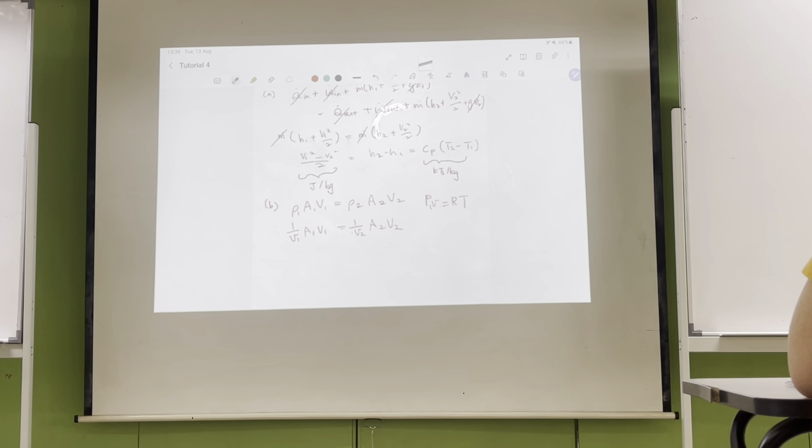So what you want is P2, so you move everything around. What will you get? You will get P2 equals P1 times T2 over T1 times A1 over A2 times V1 over V2. This V is the velocity. R cancels off.